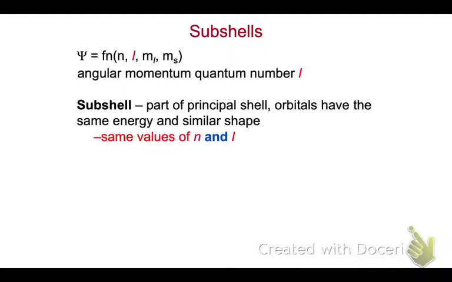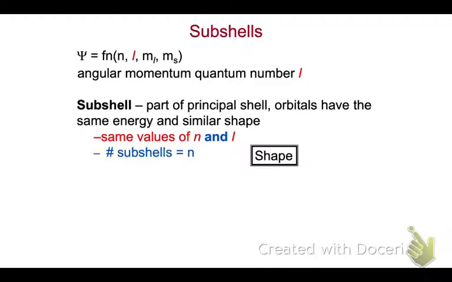Generally speaking, when orbitals have the same n and L, we are talking about the same orbital when it comes to distance and shape. The number of subshells is equal to n. When n equals 1, we only have one type of subshell. When n equals 2, we have 2 types of subshells, and so on.